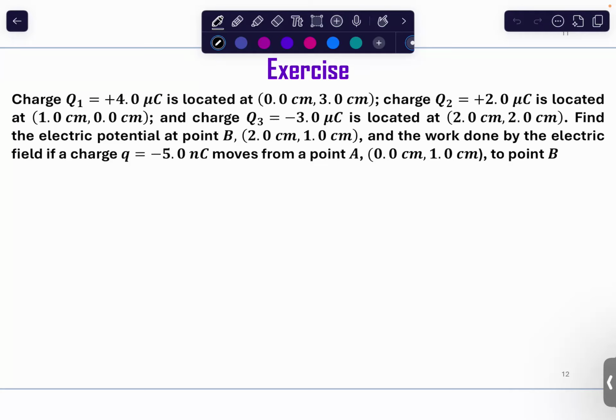All right, so let's see. We have Q1, Q2, Q3. Let's put these on an XY axis. Okay, so Q1 is positive, Q2 is positive, Q3 is negative.